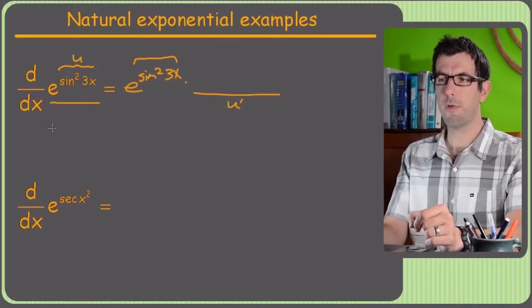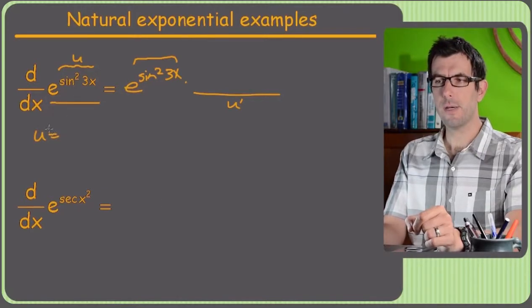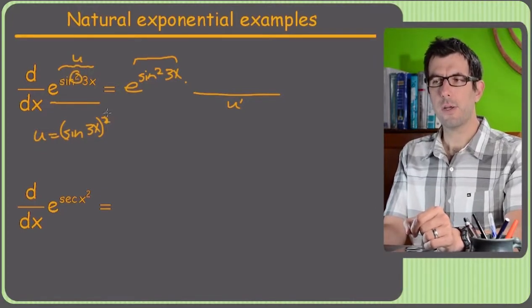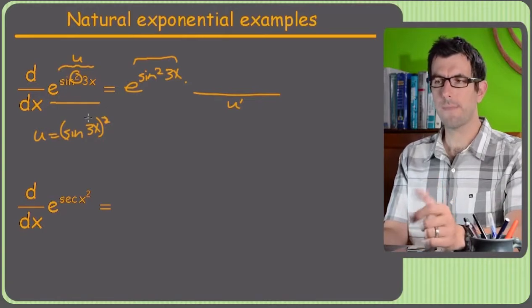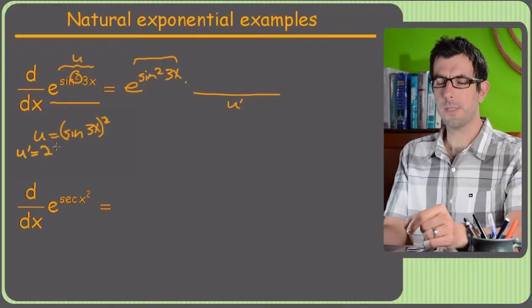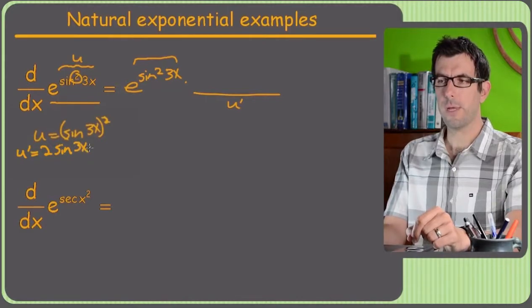So right away I'm like, oh man, that's a power rule. So I'll rewrite u as sine 3x quantity squared, just to make it real obvious. Because that little square on the shoulder of the sine, all that means is the sine of whatever, all that is squared, like you're squaring the sine. So that means u prime is going to equal old power 2 times this cosine, derivative of sine is cosine of 3x.